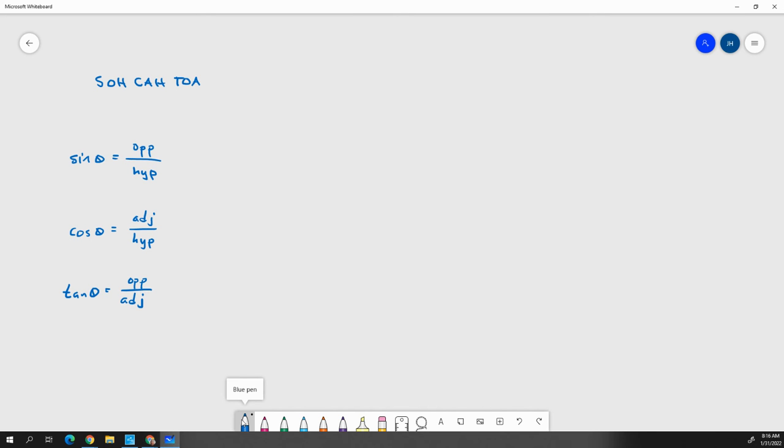What that relates to is what we were talking about here, when I have this right triangle. I know that's a terrible right triangle, but here we have our hypotenuse, the length of our hypotenuse. If this is my theta, this would be my adjacent, and this would be my opposite, because it's opposite of theta.